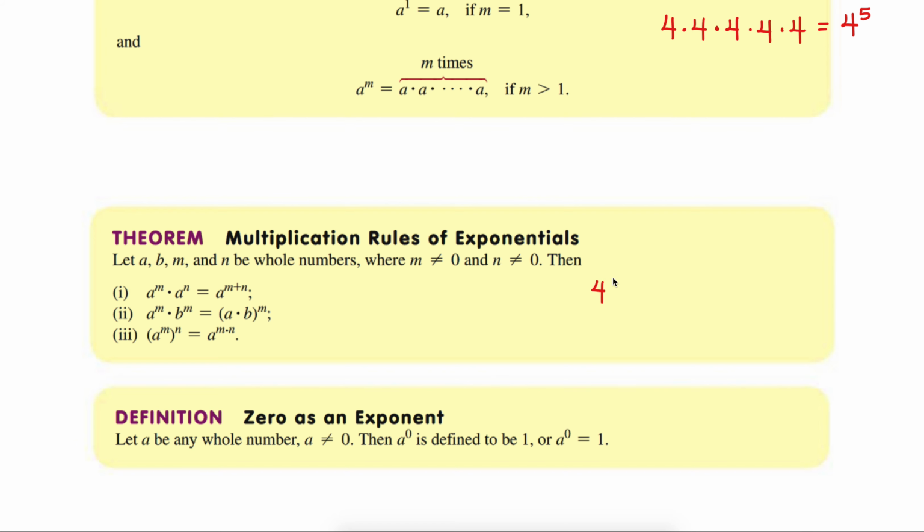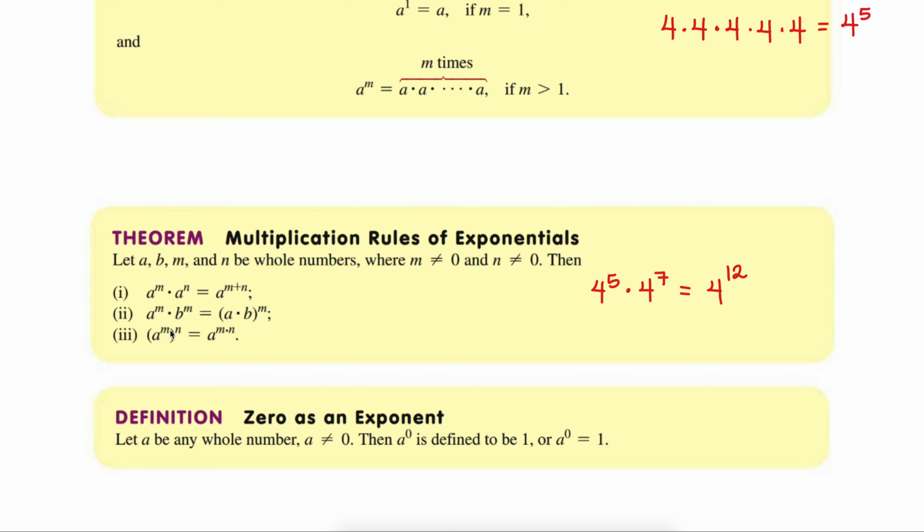So for instance, if I have 4 to the 5th power times 4 to the 7th power, that's the same thing as 4 to the 5 plus 7 or 12th power. That should make sense. 4 to the 5th power would be 5 fours. 4 to the 7th is 7 fours, so in total you have 12 fours.